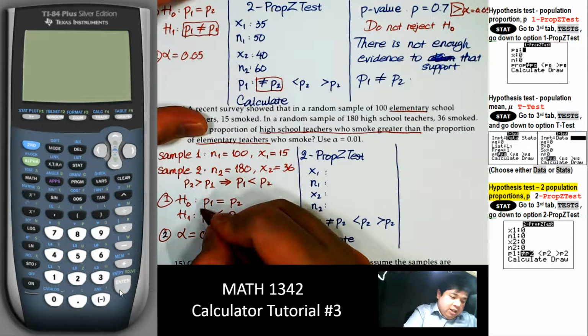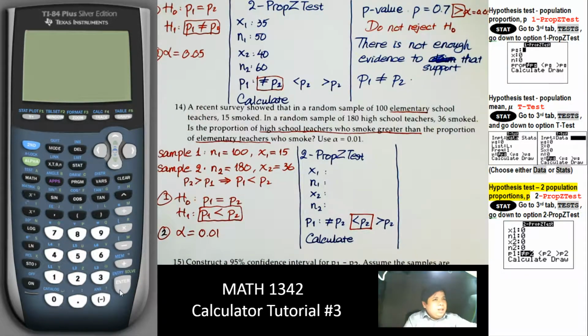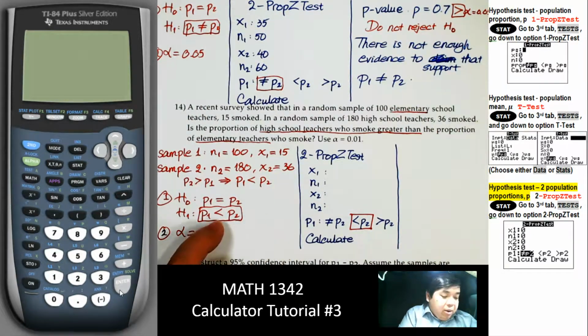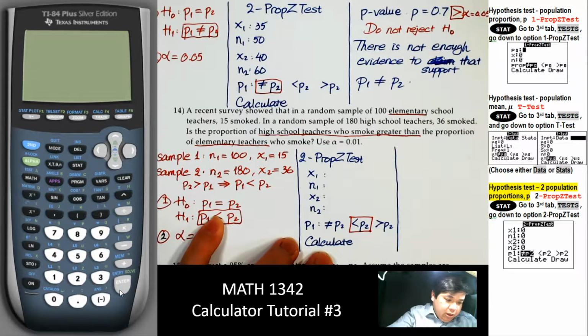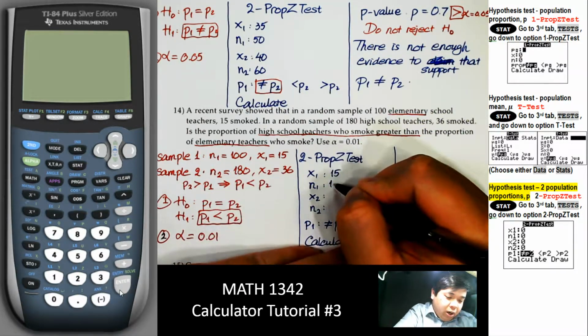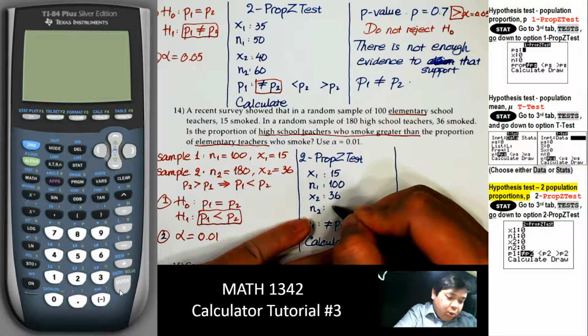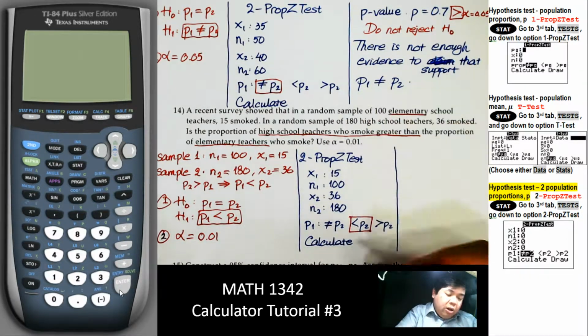Alright, so we have less than P2, so we're going to choose this. That's always the same as the alternative hypothesis. So x1 is 15 and n1 is 100, x2 is 36 and n2 is 180, and we have that.